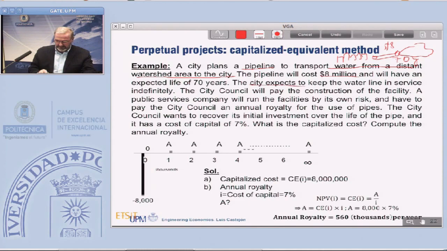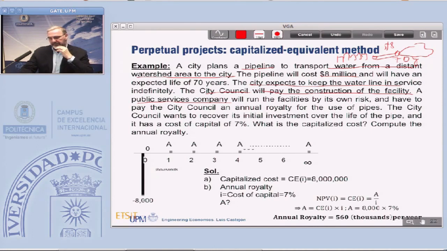And the city expects to keep the water line in service indefinitely. The city council will pay the construction of the facility, but this is its only role, to pay the construction. Who will be constructing and operating this pipeline? A public service company, like in all the cities. For example, in Madrid it is Canal de Isabel II, no?